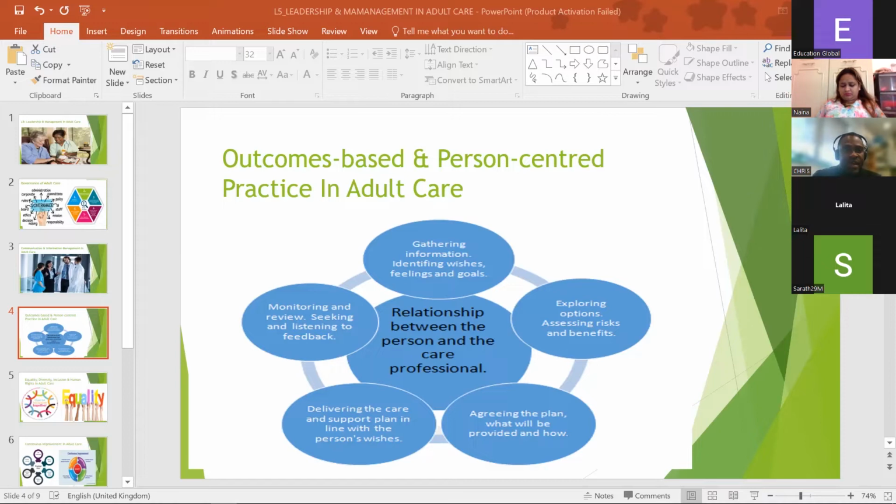So over here, we're looking at how to lead practice to facilitate positive outcomes, and how to promote well-being and independence for individual service users. All of that learning outcome is observable.